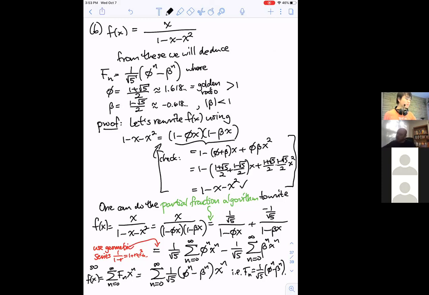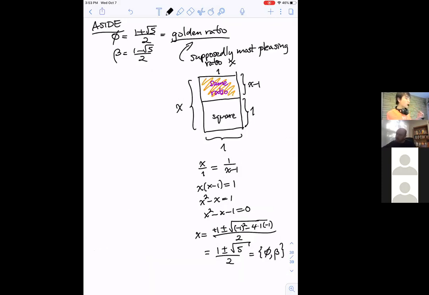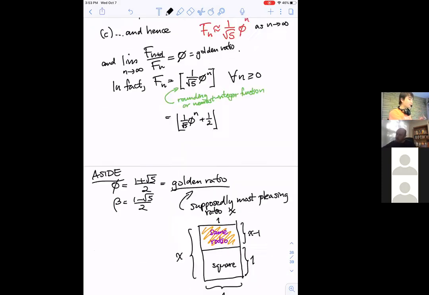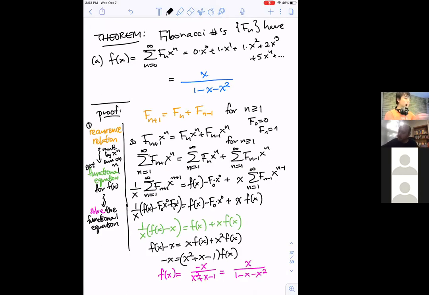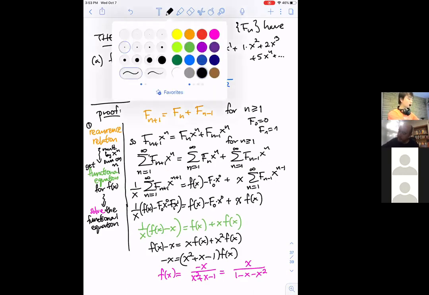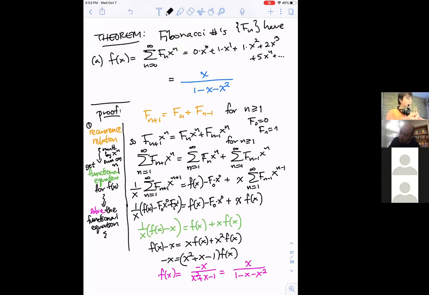Okay, so going back to our plan. Solve the functional equation. The next stage, where sometimes it's hard and sometimes it's not so hard, and here we were able to do it, is to extract the coefficient of x to the n in the generating function.